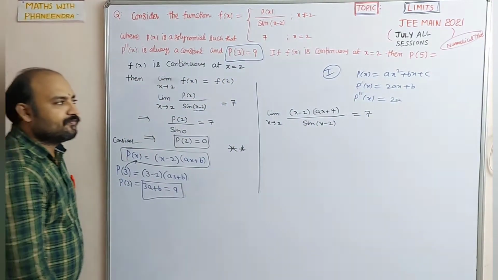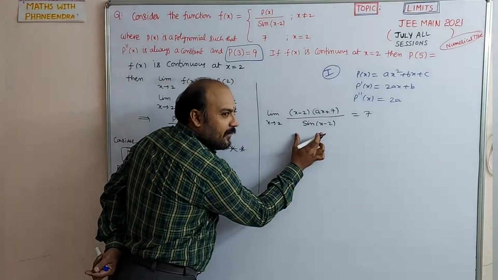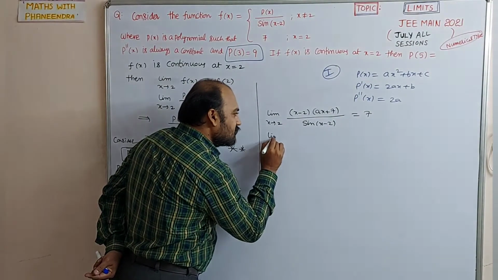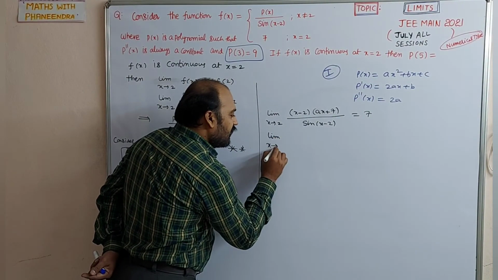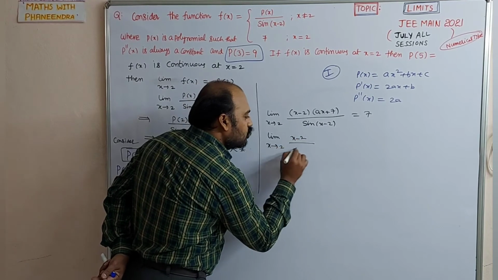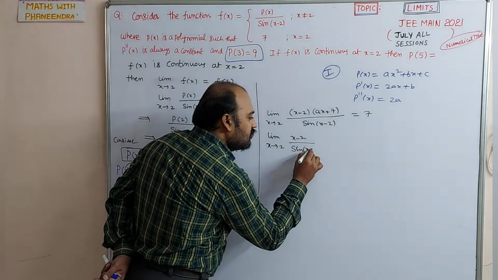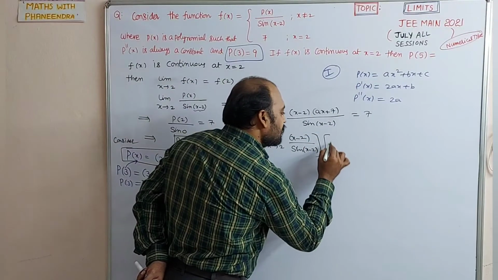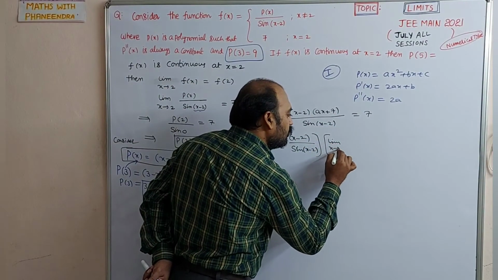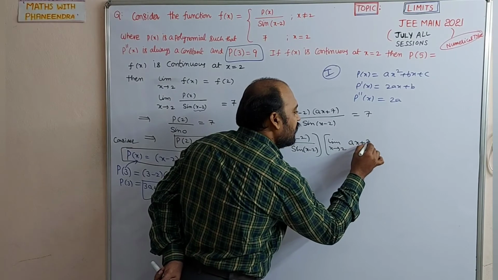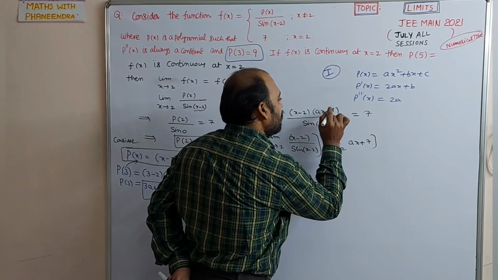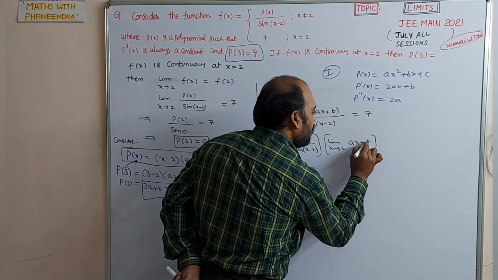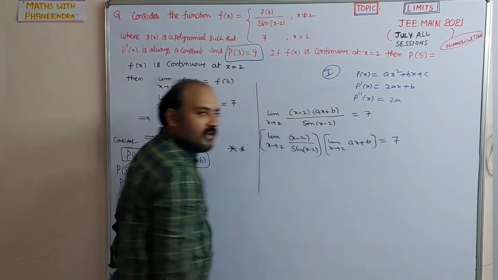According to this, the limit can be written as the product of two terms. Limit x tends to 2, x minus 2 by sine of x minus 2. This is one function. Limit applied to the other function: limit x tends to 2, ax plus b is equal to 7.